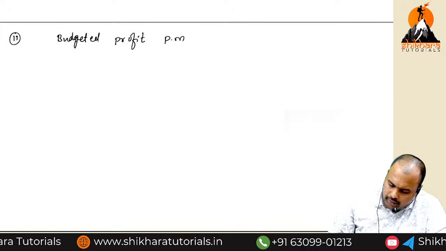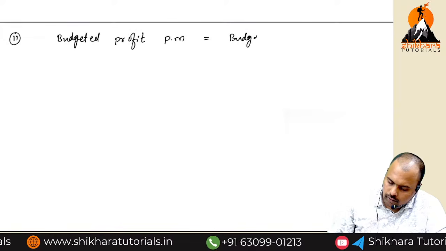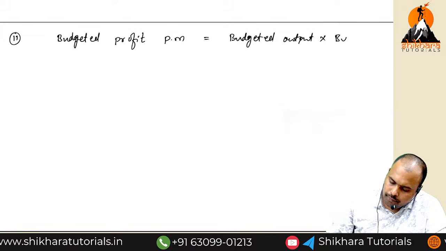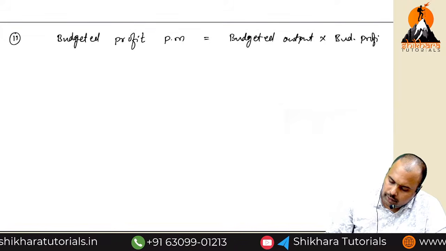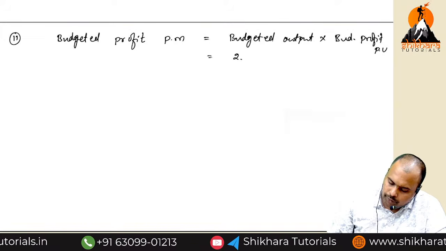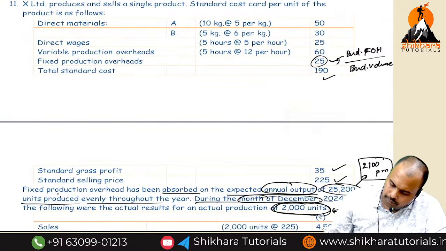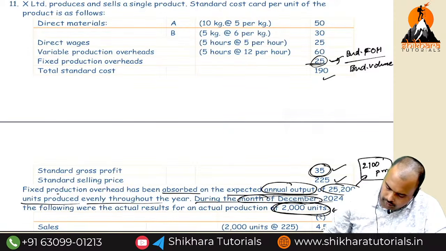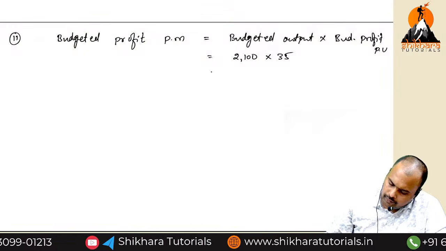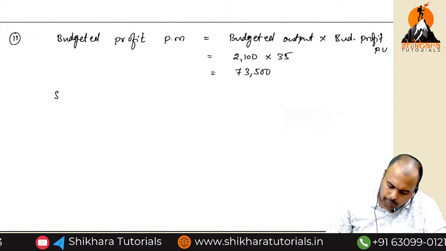Budgeted profit per month is equal to budgeted output into budgeted profit per unit. Agree? That is equal to budgeted units, and budgeted profit per unit is given as 35, already in the question. Then what should it be? 73,500.